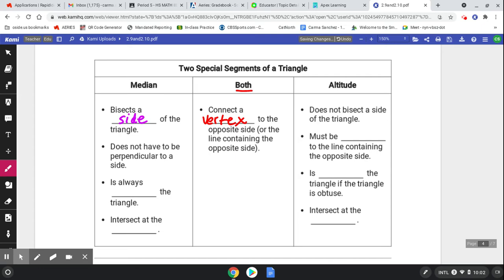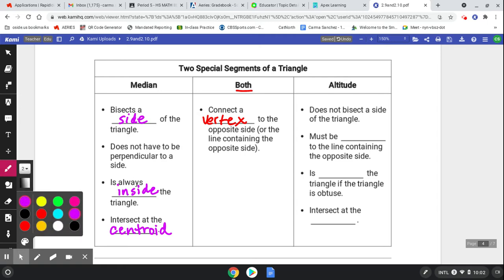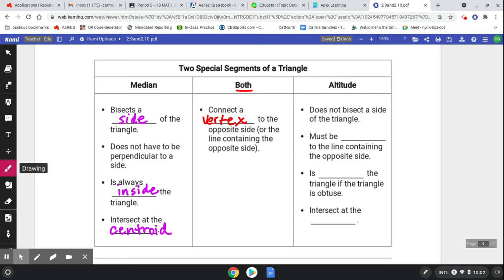It does not have to be perpendicular. It is always inside the triangle, and it intersects at the centroid. Now, an altitude, opposite of that, does not bisect a side. It must be perpendicular.